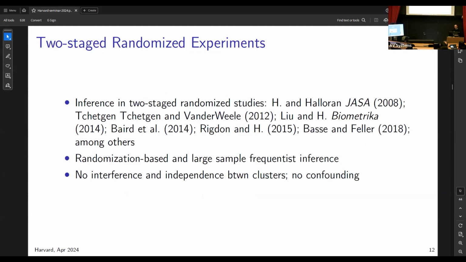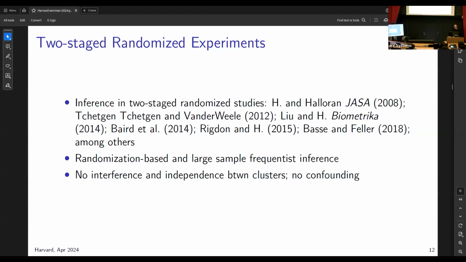So there have been lots of methods written about drawing inference about different treatment effects when you do this 2-stage randomized experiment. I've got some references here for you. I'm not going to go into this today, but some of these methods use randomization-based inference, others use large sample frequentist inference. In either case, it's fairly straightforward.